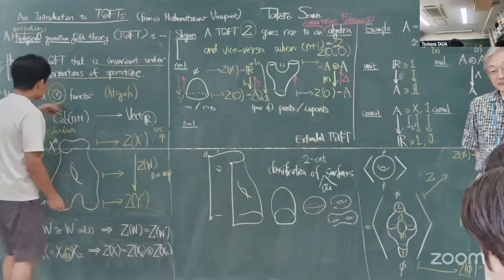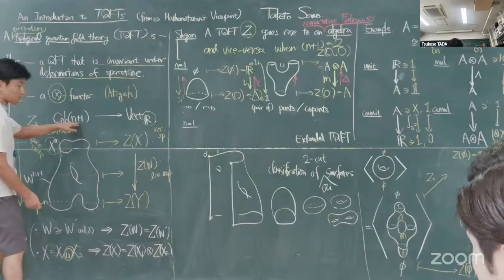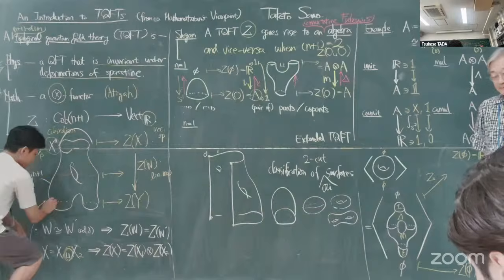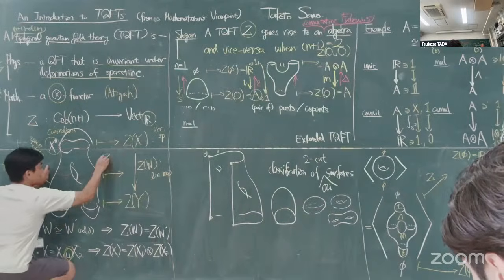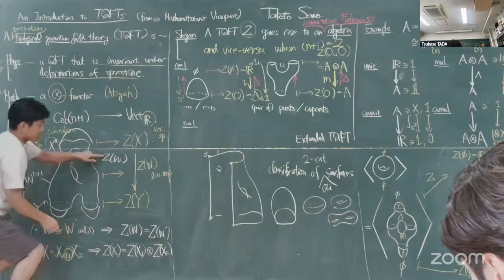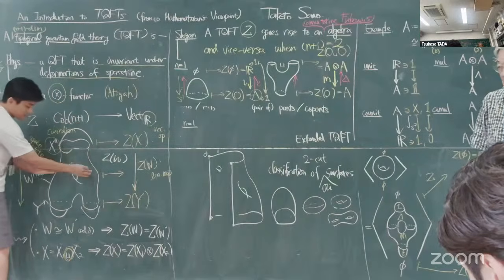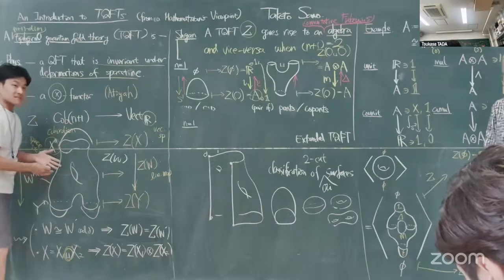I think it's already nice enough, because if you have this, then you automatically get an invariant of n+1 dimensional closed manifolds. Suppose we have a closed manifold like this, and a nice functor like this, then we automatically get this invariant, and this is automatically a diffeomorphism invariant. So if you succeed in constructing this TQFT, then I think that's already very nice.